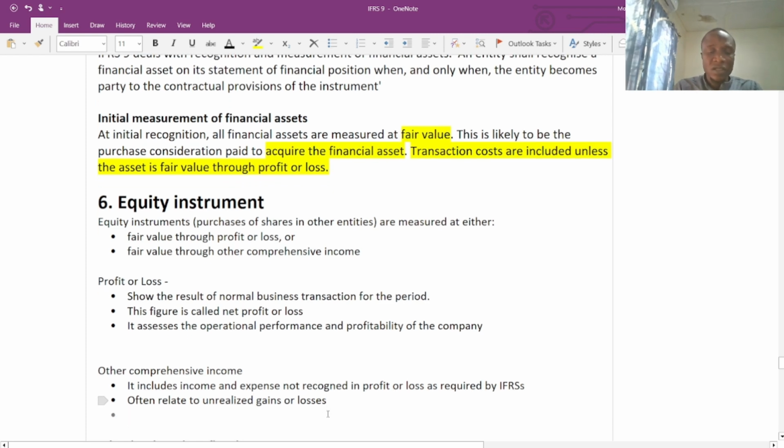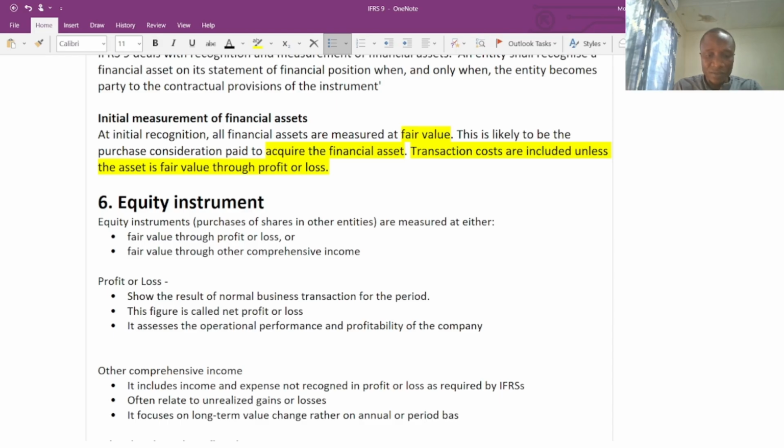Another key important point of other comprehensive income, it focuses on the long-term value chain rather than on an annual or periodic basis.